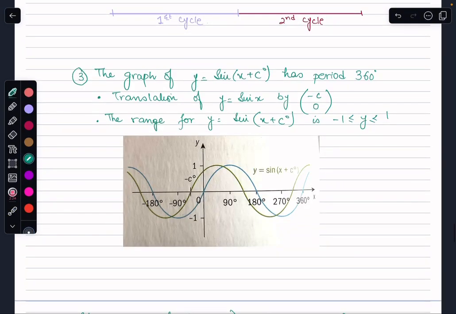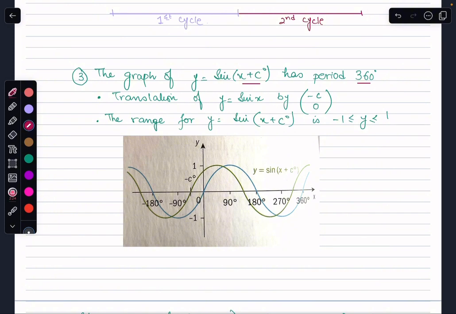So let's discuss the third case here. The third case is when we have the graph of y equals sine of x plus c. This is the third case where an angle is added to the value of x. And we know that sine has a period of 360 degrees, meaning the complete rotation for sine is 360 degrees.